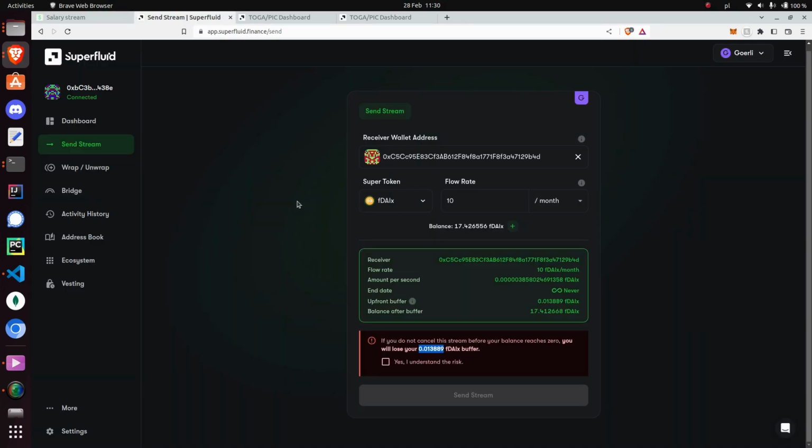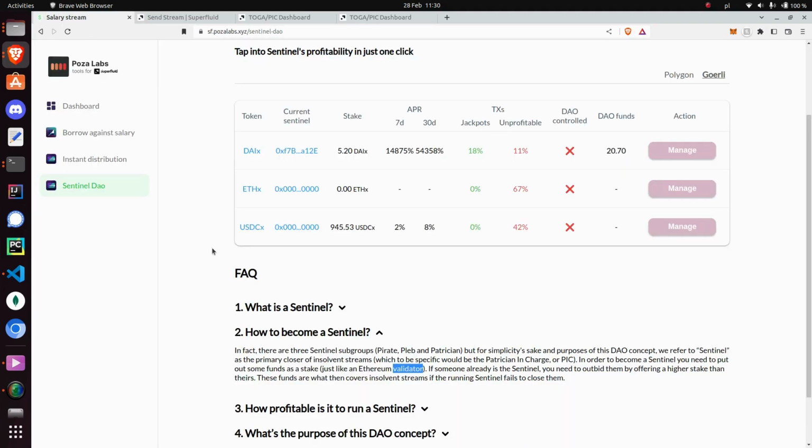If I'm not closing the stream myself, this then becomes the responsibility of the Sentinel. And if he fails to do that, the stake that he has already put out is taken to cover the outgoing expenses of my stream. So he also has quite a big incentive to close the stream on time.